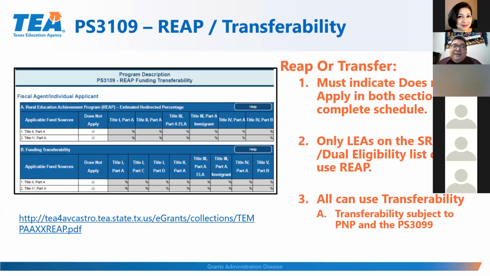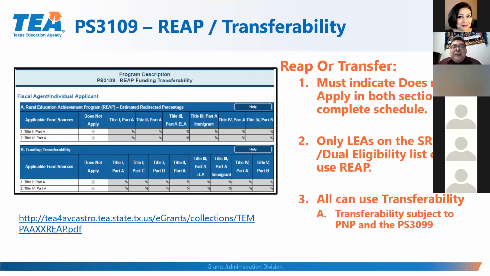So REAP gives you that flexibility to allow you to use Title II or Title IV for Title I, Part A activities. Transferability is notifying TEA that your LEA is going to transfer the funds from Title II or Title IV to be used for that, again, Title I, Part A allowable activities.